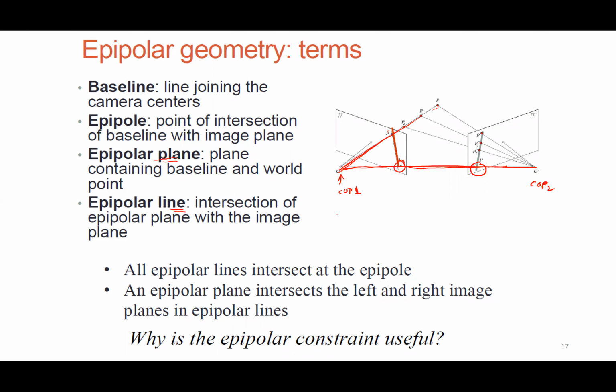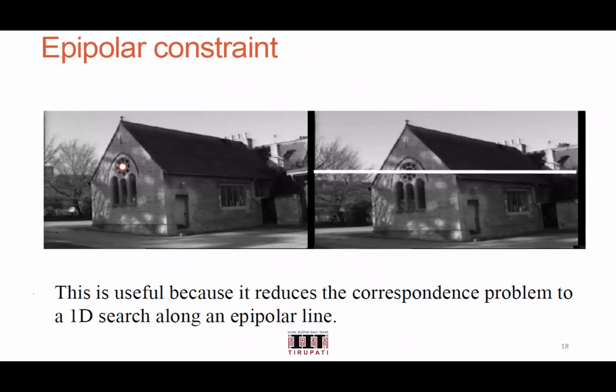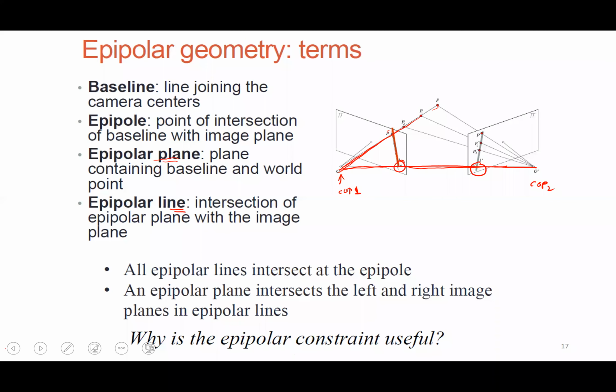Just to make sure you understood correctly, let me pose this question: why is this epipolar constraint useful? Is it useful in the first place? What is the epipolar constraint in the first place?